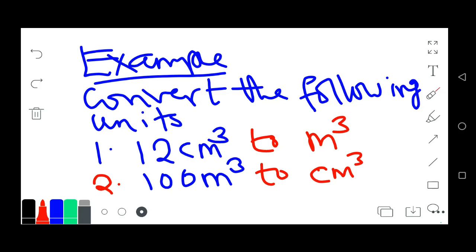So now what we're supposed to do is first of all to understand the conversion unit. The conversion unit is very important.